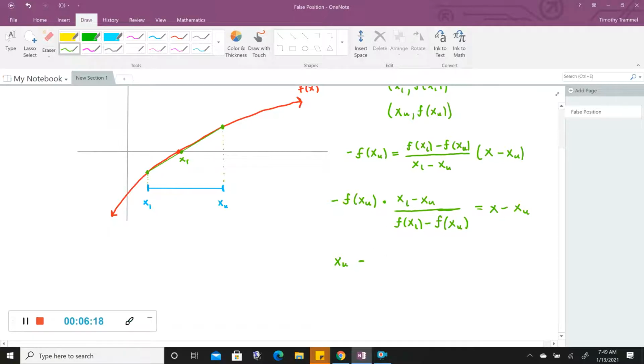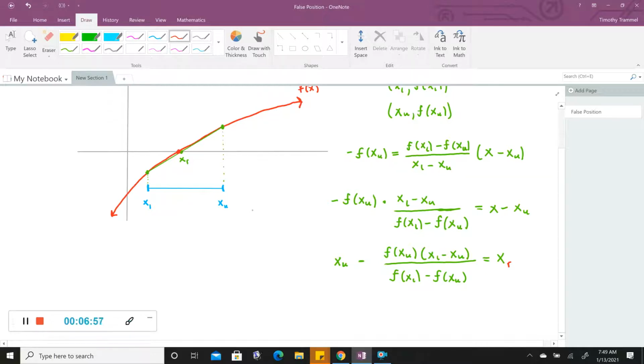So we'll have f of x sub u times x sub L minus x sub u all over f of x sub L minus f of x sub u. And this is equal to x. We have found that root, x sub r. Okay. The only thing is we could just put a little r here to denote that that's the x value for that root of the green line there.